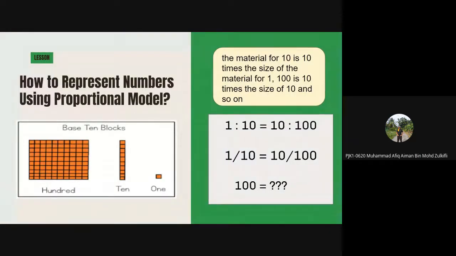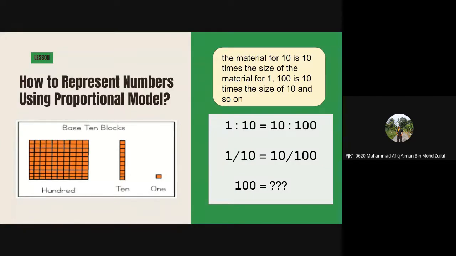Okay, how to represent numbers using the proportional model. I give the example; you see the picture of the base 10 blocks, there is a 100, 10, and 1. So how can I describe this? The material for the 10 is 10 times the size of the material for 1.